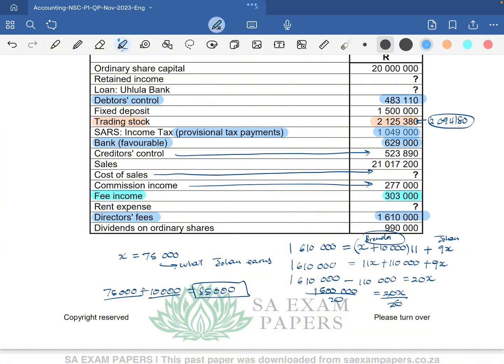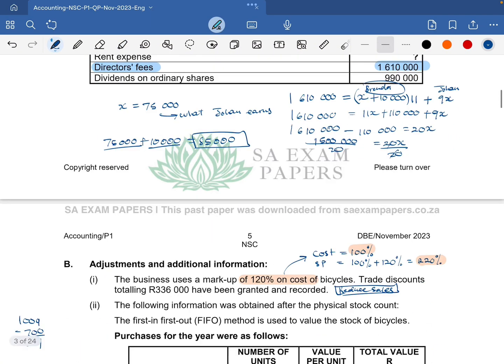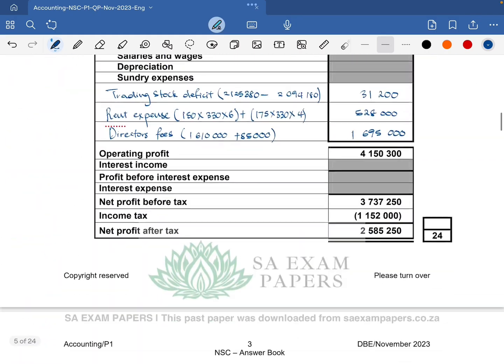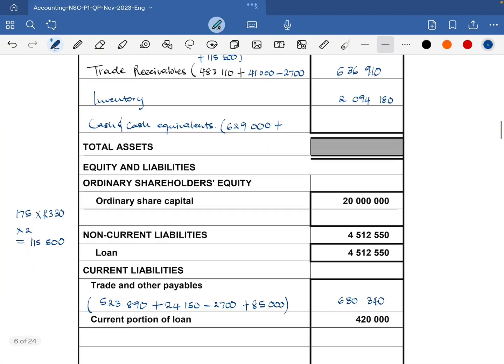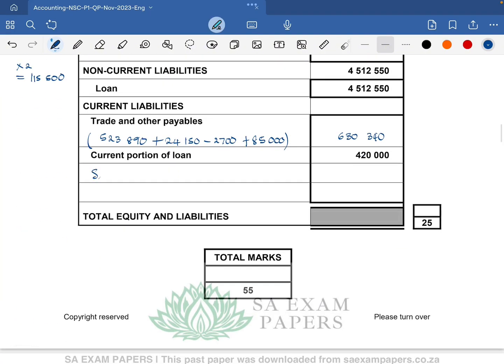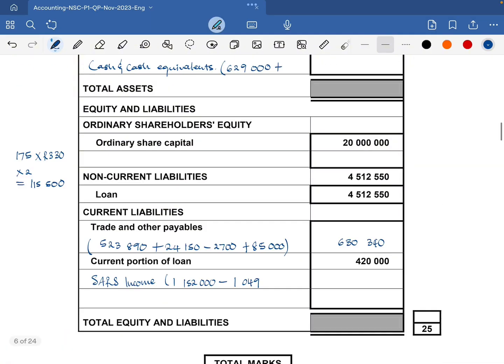This is what we have paid to SARS. We've paid 1,049,000, but if you have a look at the income statement, our income tax is supposed to be 1,152,000, which means we have paid less to SARS and we still owe SARS a certain amount. Our tax is 1,152,000, but we have only paid 1,049,000.